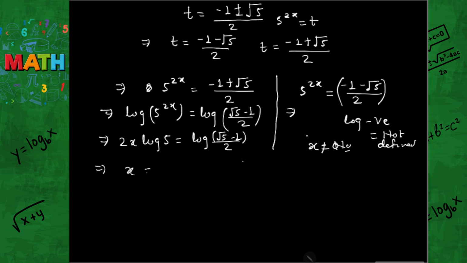So x is equal to log under root 5 minus 1, minus log 2, divided by 2 log 5. So this is the value of x.